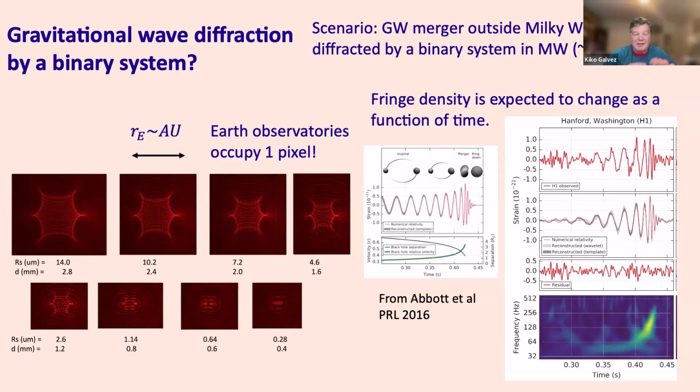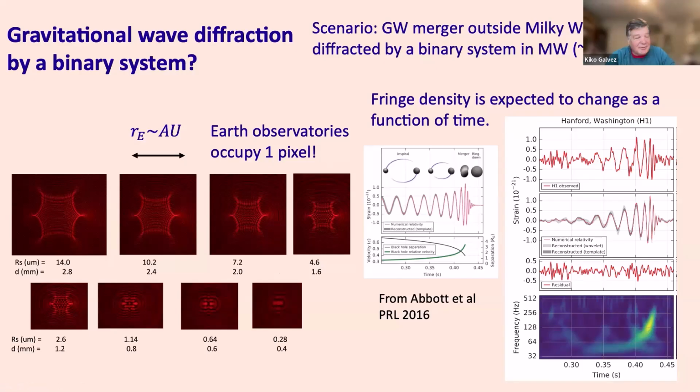There's a way to keep that size constant, but we're working on that. So it makes for a very interesting situation potentially coming up, that this chirp that is measured might be modulated by all these maxima and minima sweeping by the observatories as they measure the gravitational waves.